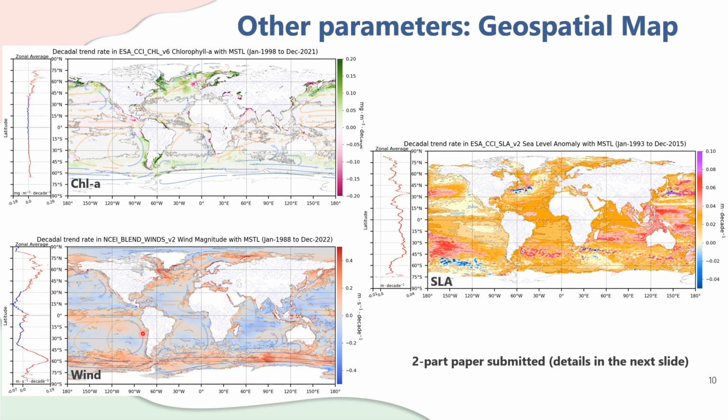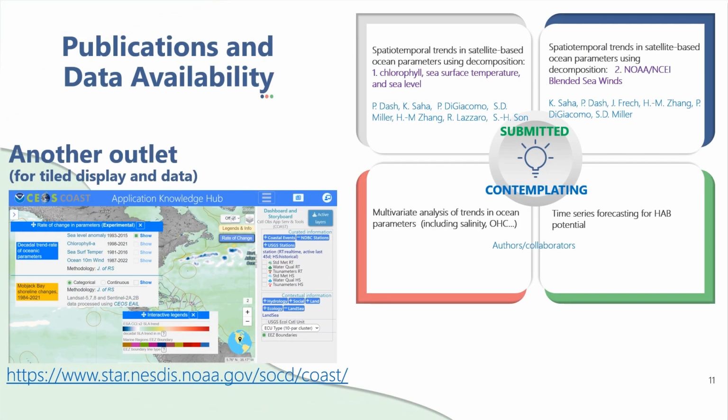Further details will be discussed on another occasion, maybe 2024 Science Day meeting. As I noted early on, we have submitted a two-part paper, and the trend data will soon be accessible on the CS Coast Application Knowledge Hub as tile maps and NetCDF files. The URL is here.